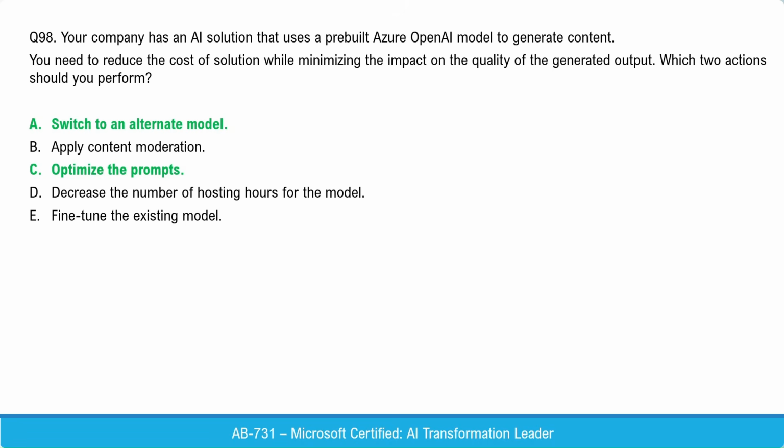Option D, decreasing hosting hours, is not relevant because Azure OpenAI pricing is based on tokens processed, not on how long the model is running. Option E, fine tuning, involves additional training and maintenance costs. While it may improve quality, it typically increases cost rather than reducing it. Hence, the correct answers are options A and C.